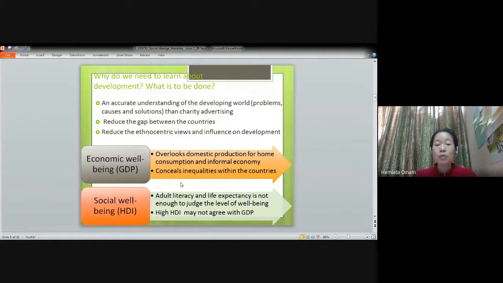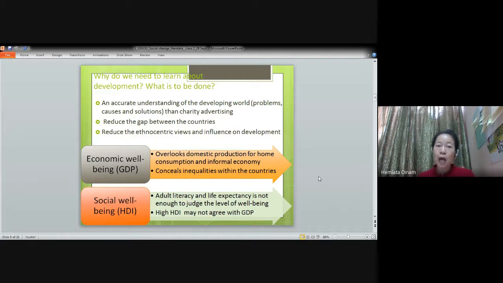Likewise, when we talk about social well-being, adult literacy and life expectancy are not enough to judge the level of well-being. A high HDI may not agree with the level of GDP. So there are problematic sides even to measuring development using GDP and HDI.